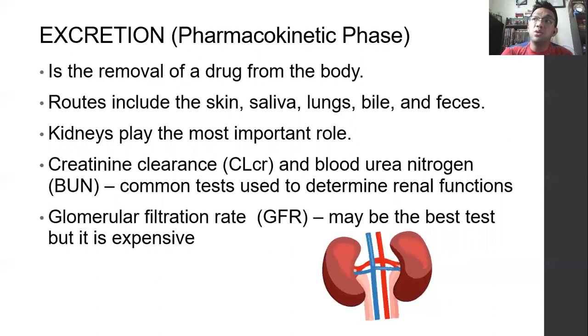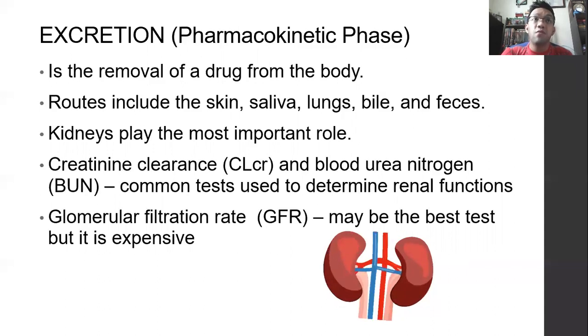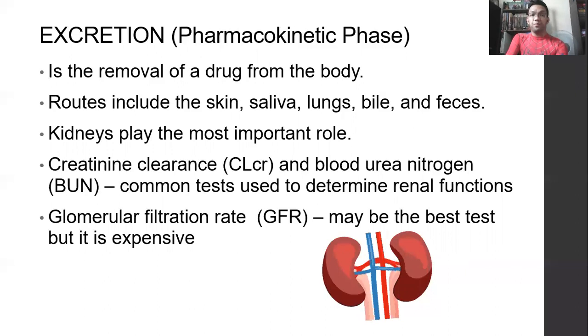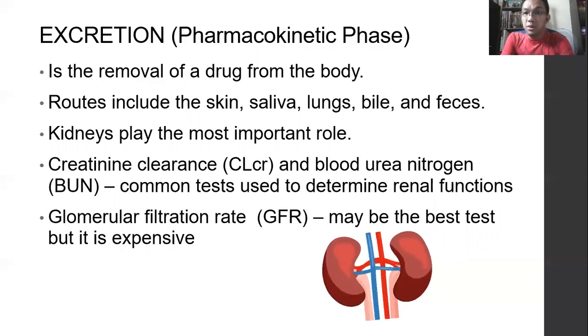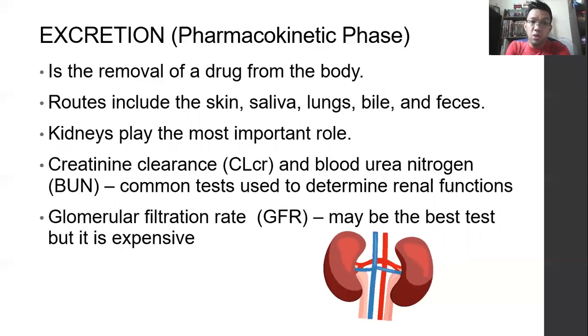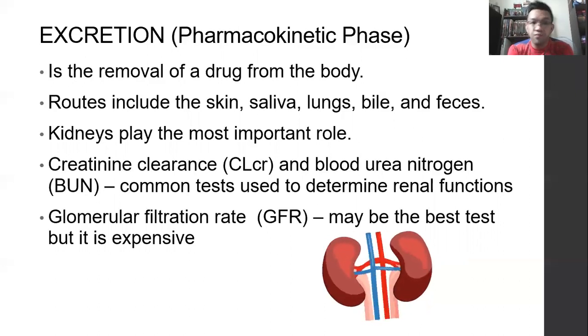So in order to check if our kidneys are functioning normally, these tests are going to be done in order for the doctor to determine our renal function. And the following tests, both of these, creatinine clearance and BUN, blood urea nitrogen, are going to be tested to determine whether the patient has a kidney problem or not.